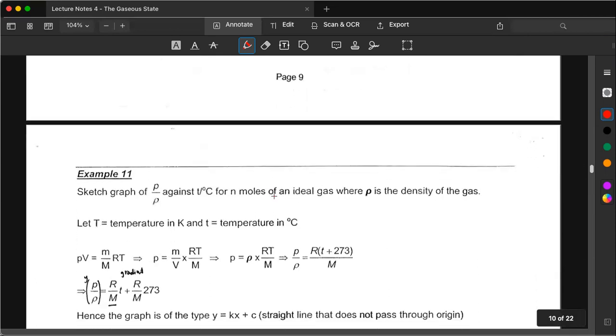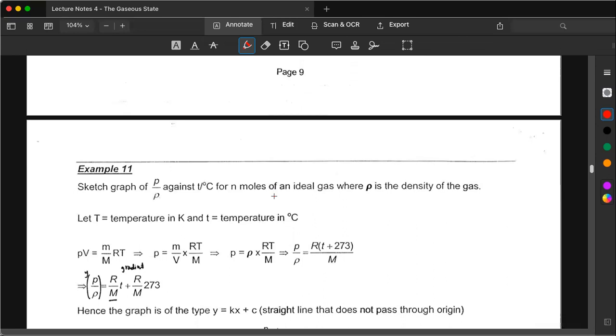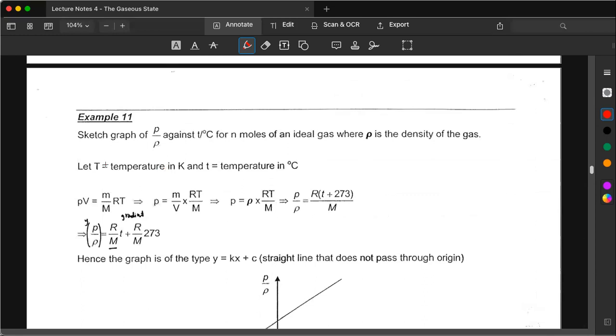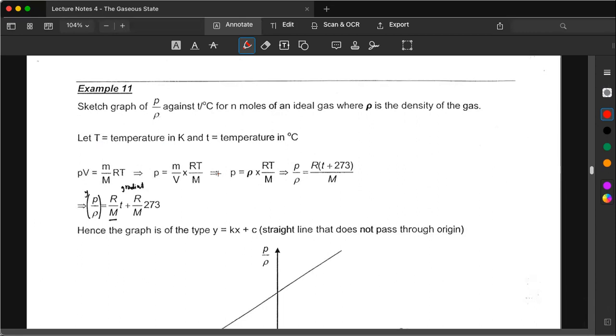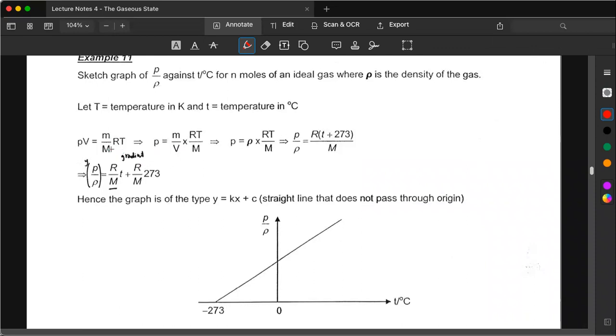Now let's look at one example to reinforce the understanding. First of all, the question asks you to sketch a graph of P over density against temperature for n moles of ideal gas. We have T as temperature in Kelvin and small t as temperature in degrees Celsius. But they want it in degrees Celsius, so you have to do the conversion. So PV equals n over M times RT.